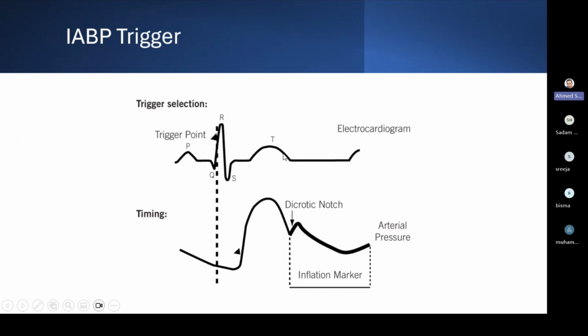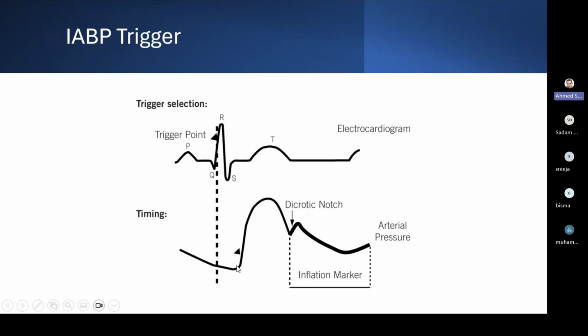And here it will be the timing at the late of the T wave. It will be the timing for the diastole, so the balloon will start inflation here, if the machine used the ECG as a trigger. But if the machine used the arterial waveform as a trigger in order to identify the timing for the systole, the beginning of the systolic upstroke will be used as a surrogate for the beginning of the systole.